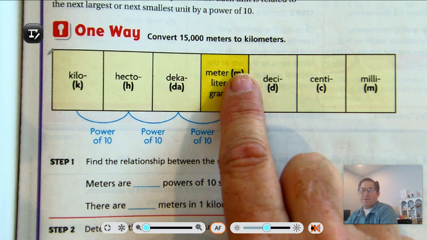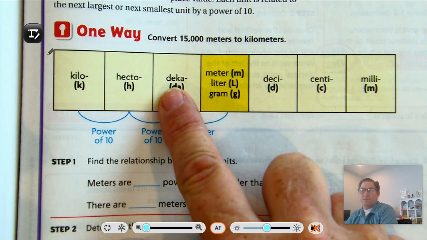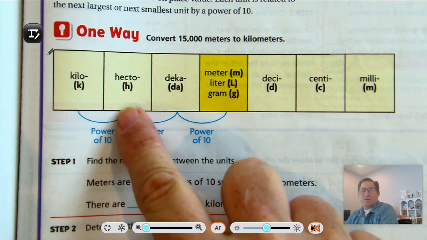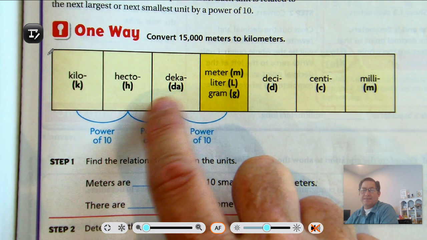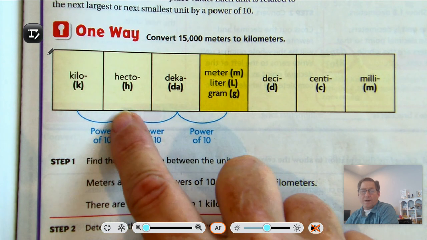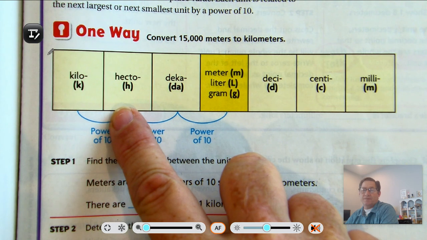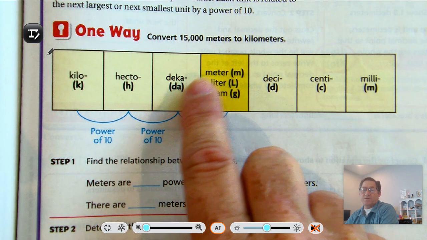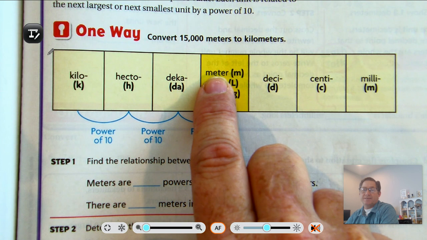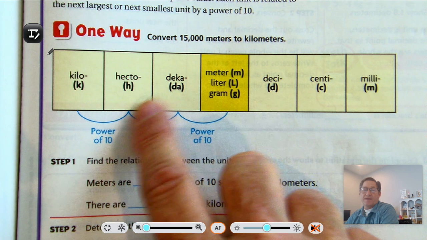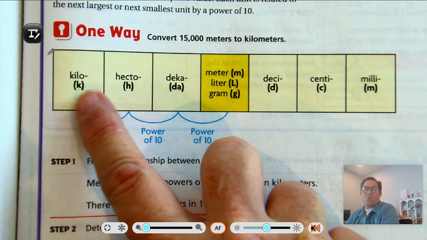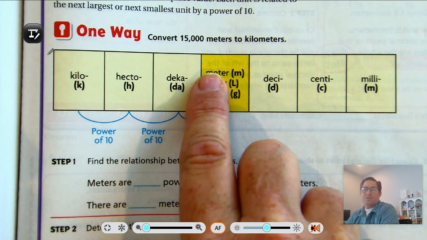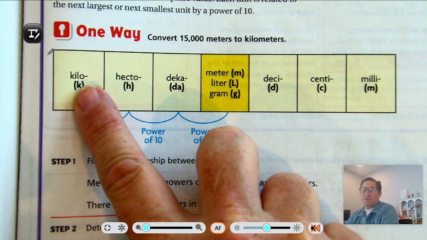So it takes 10 meters to equal a decameter. A hectometer is 10 times as great as a decameter, or 100 times greater than a meter, so it takes 100 meters to equal a hectometer. And a kilometer would be 10, 100, 1,000. It takes 1,000 meters to equal a kilometer.